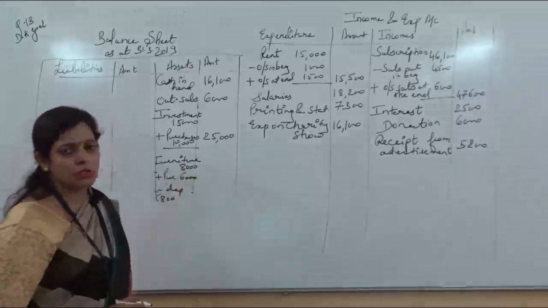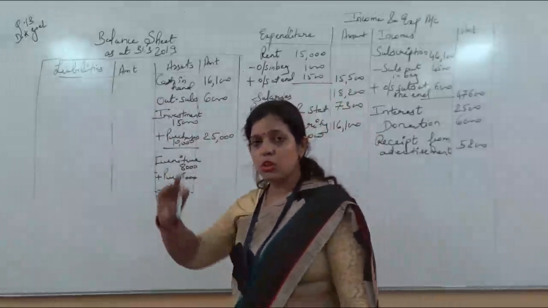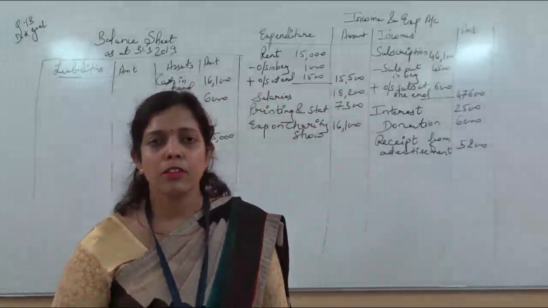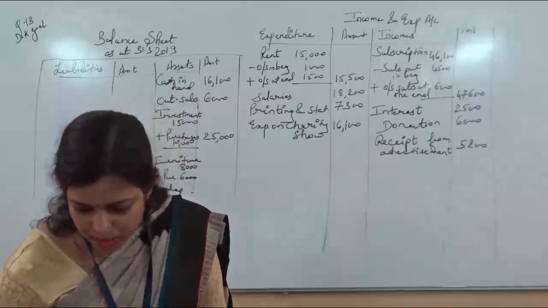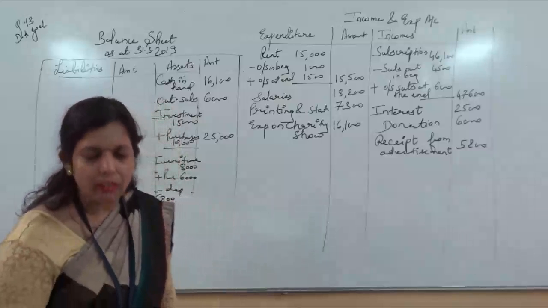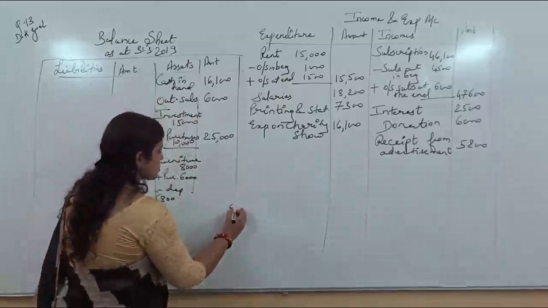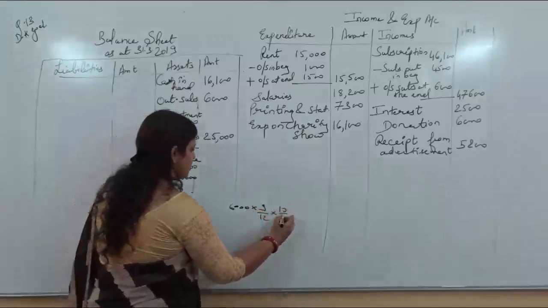On this 6,000, you have to calculate depreciation for how many months? From July count to March. How many months are coming? See, 9 months. Calculate for 9 months. How much percent? 10%. Calculate it on 6,000, 9 months, 10%, like this.